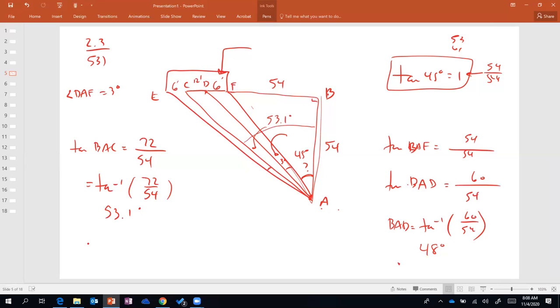That's cool. And the last one here, tangent of BAE is going to be equal to 78 over 54. Take tangent inverse of that. Angle BAE, 78 over 54, and what did you get? 55.33.